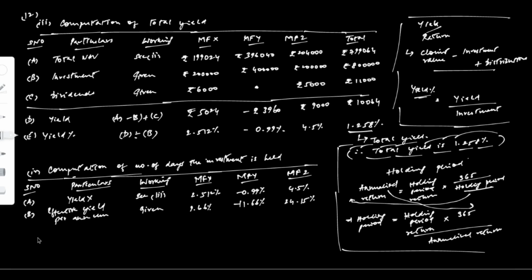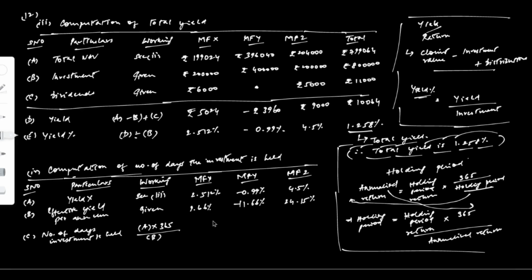Right. Now, number of days investment is held. It is holding period return into 365 by annualized return. That is yield into 365 by effective yield per annum.